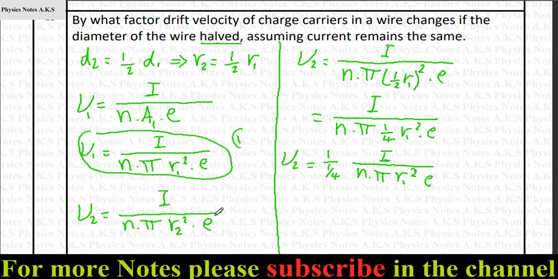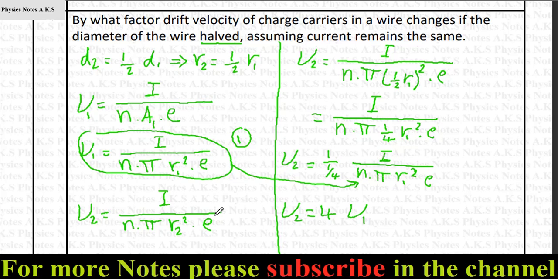We call this equation 1. So basically it's the same. As you can see, it is the same. So instead of this fraction I put v1. So here v2 equals, of course here 1 by 4 I can put it in a calculator, it's actually 4, multiplied by v1.